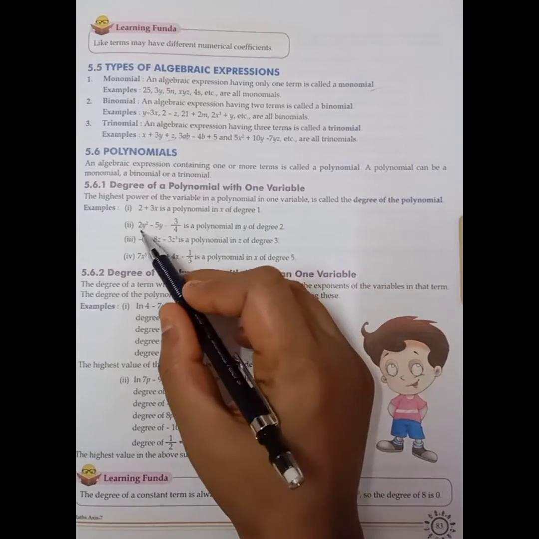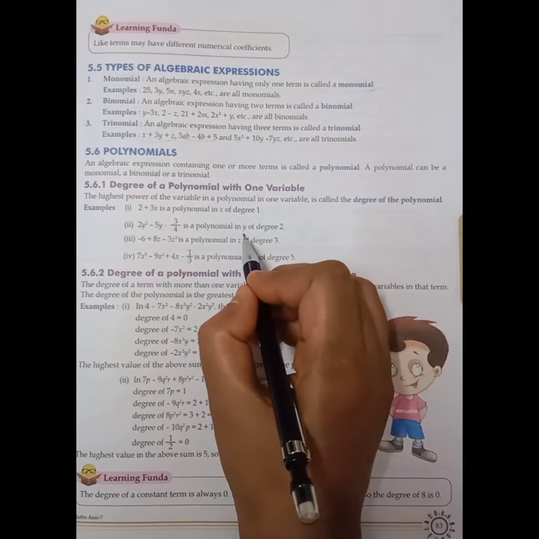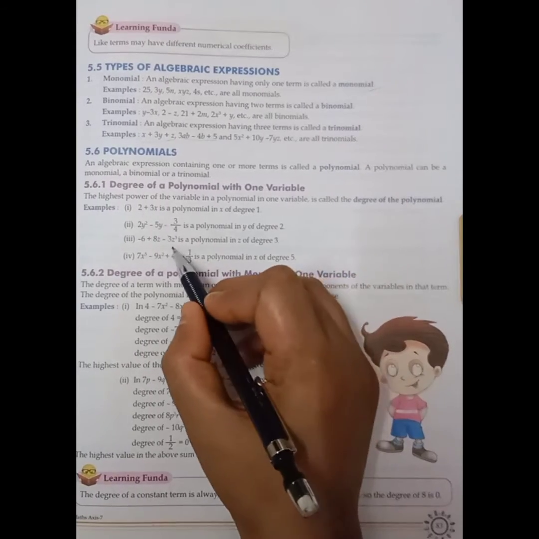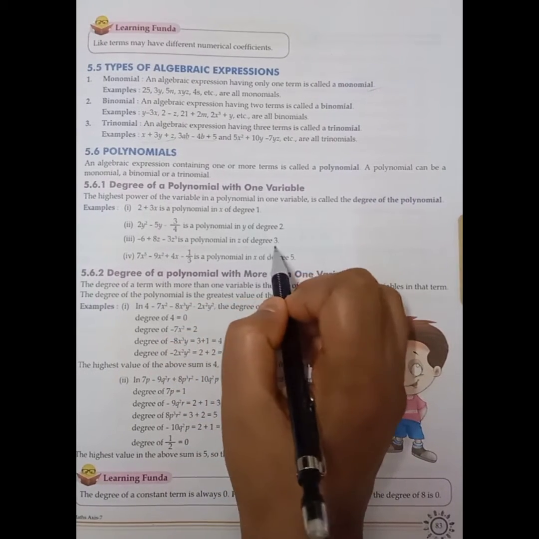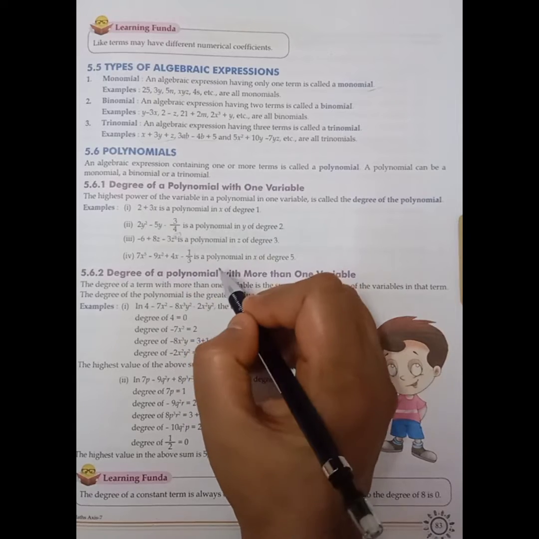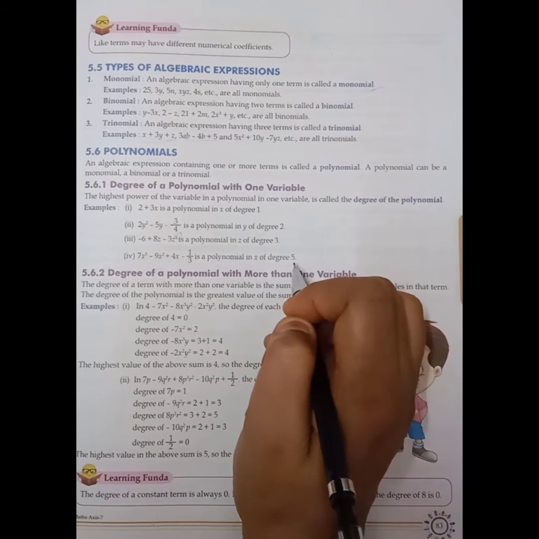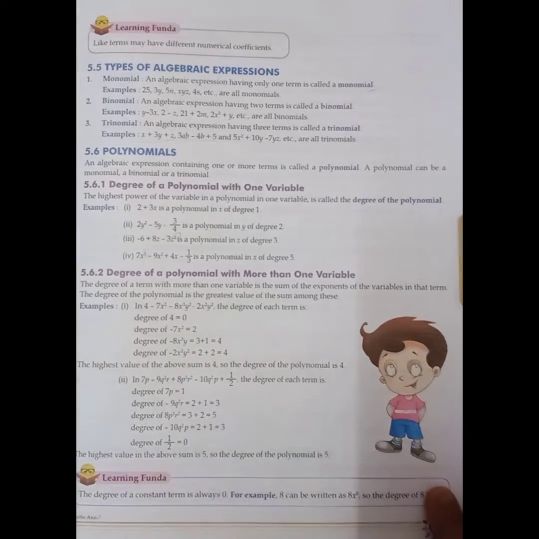Got it? Now, this polynomial in y of degree 2. Here is a polynomial in z of degree 3, and this is a polynomial in x of degree 5, the greater value. We will write the greater value.